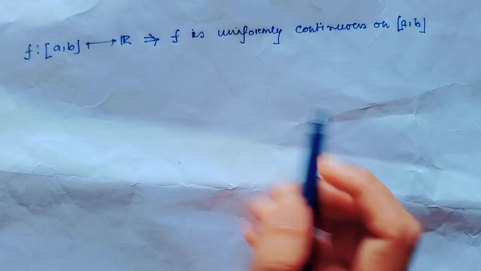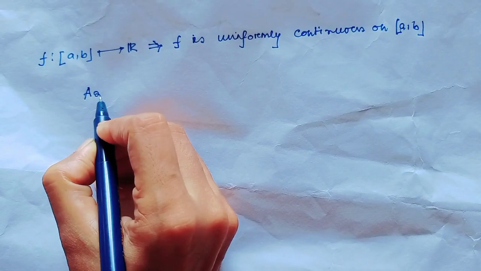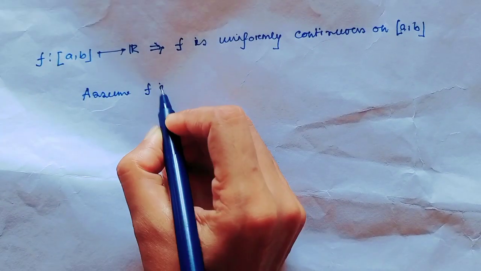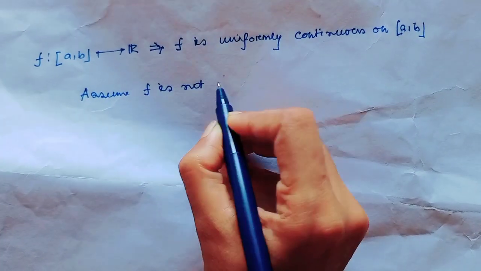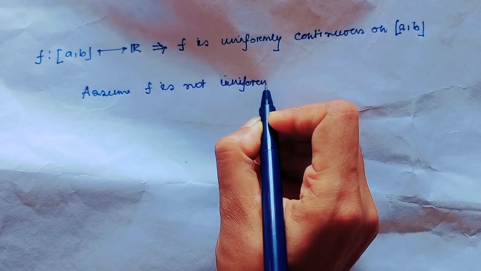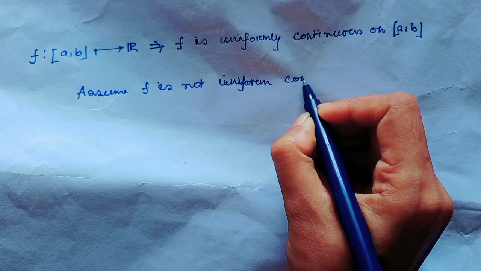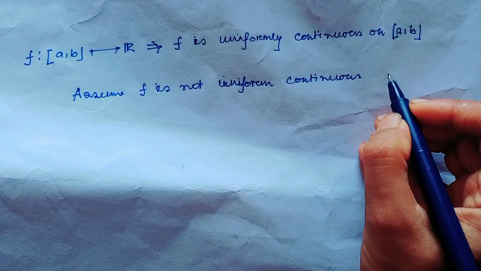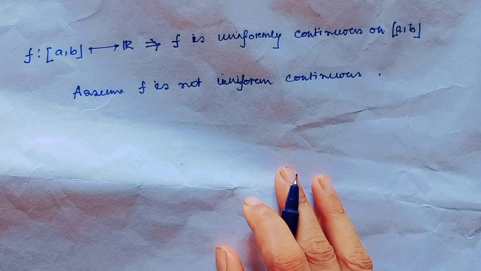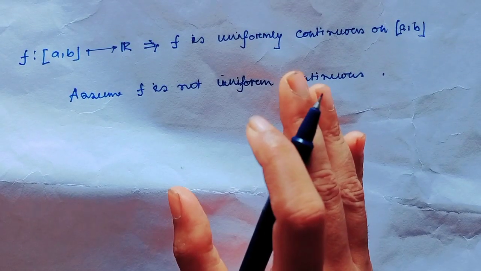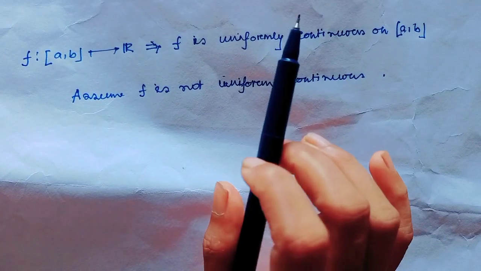For the proof of this, assume f is not uniformly continuous. And the definition of uniform continuity, all of us know: for each epsilon, there exists one delta.